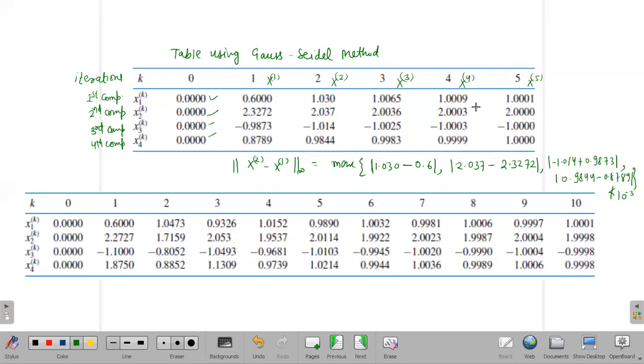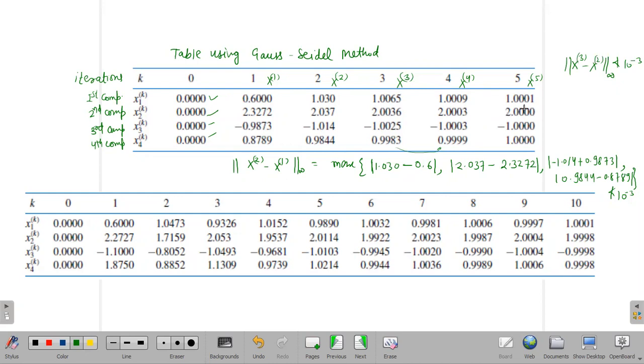So this is the third iteration. Again you find x3 minus x2 difference with this norm. If it is not less than 10 raised to minus 3, that is the tolerance, then you have to find the fourth iteration. Here you can see the difference is not less than 10 raised to minus 3 yet. Every component should have a difference of less than 10 raised to minus 3.